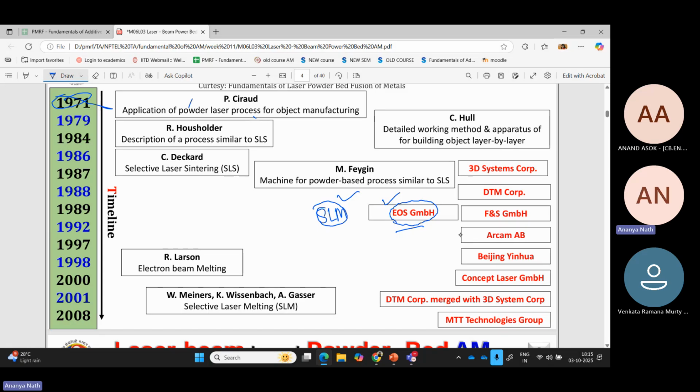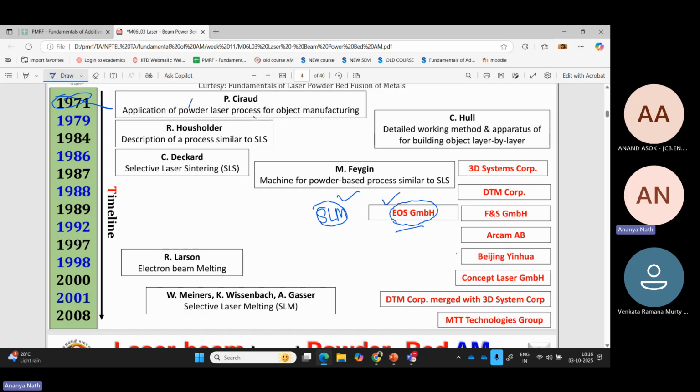Then there are other companies as well who are also selling LPBF systems. Now, one problem I would say with LPBF is it's a very costly machine, and the cost of the powder is already higher because it's powder. We are making powder out of the raw materials, wire or tubes, or just bulk material.